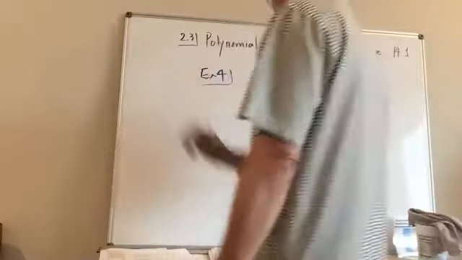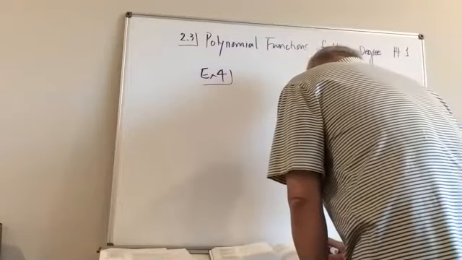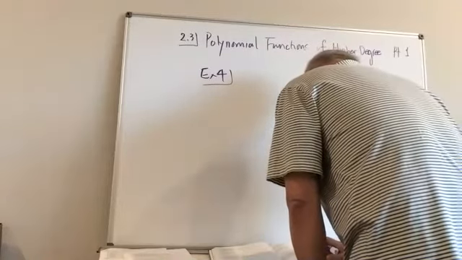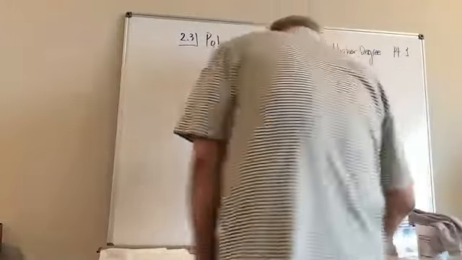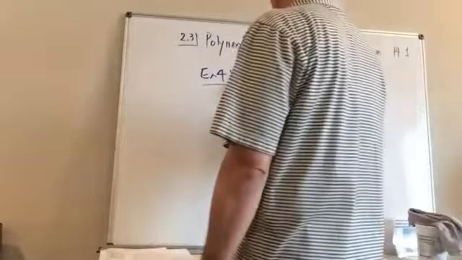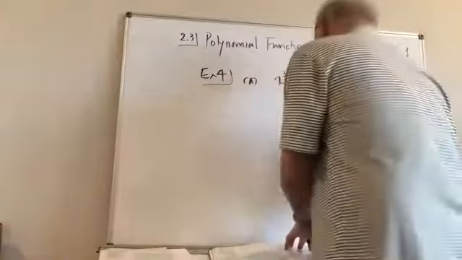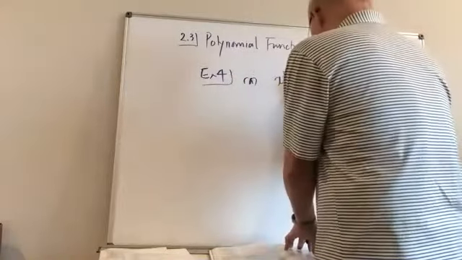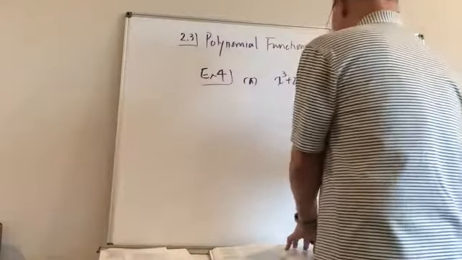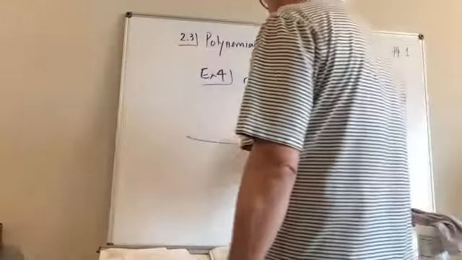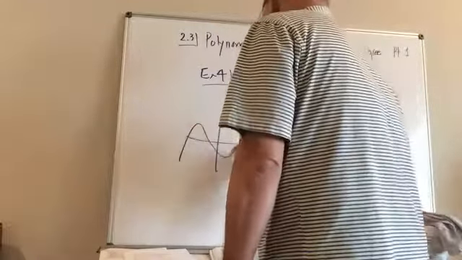Example number 4. Graph the polynomial in a window showing the extrema and zeros and its end behavior. Describe the end behavior using limits. So A is x cubed plus 2x squared minus 11x minus 12, and it graphs out like this.